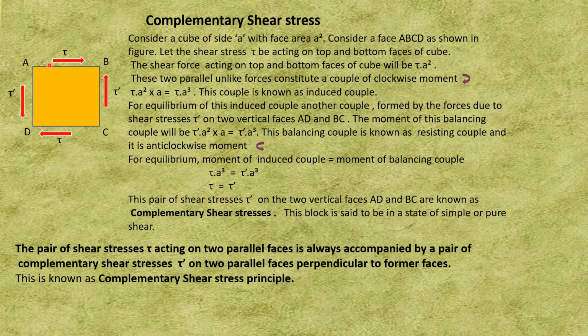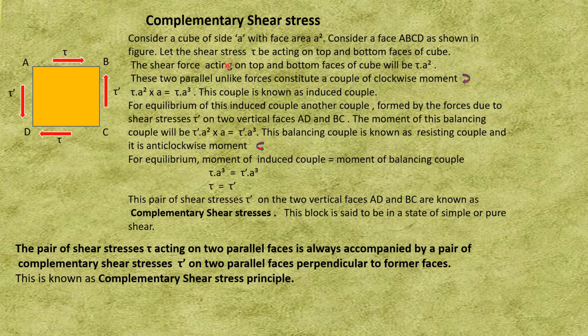If at the top face the shear stress tau is acting in the positive x direction, then for this block to be in equilibrium, at CD the tau will act in the negative x direction. So these two shear stresses balance each other and the block is in equilibrium.